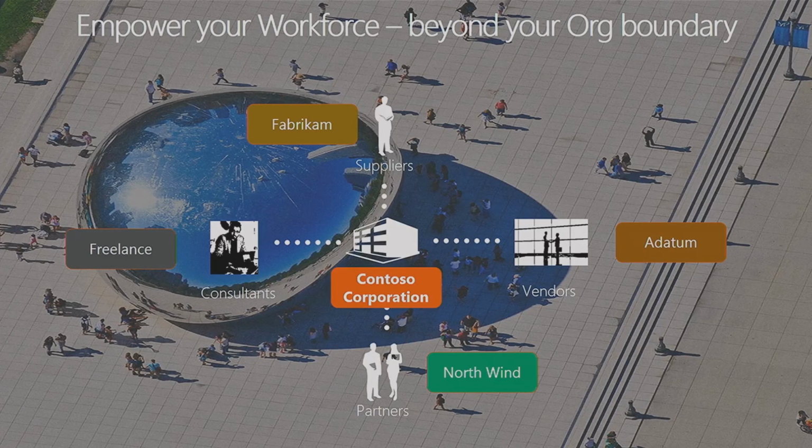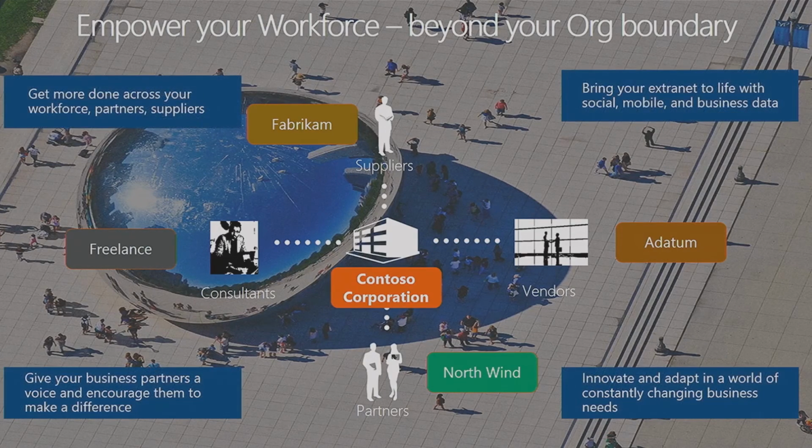It's very common. It's actually bread and butter for many organizations. This is about empowering your workforce to go beyond your organization boundary, not just collaborating within your organization. That's the business-to-business cross-org collaboration that we are focusing on.